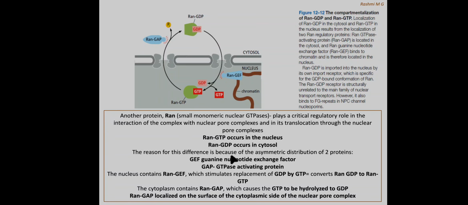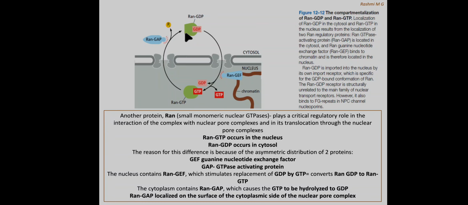The reason for this difference is the asymmetric distribution of two proteins, GEF, guanine nucleotide exchange factor, and GAP, GTPase activating protein. The nucleus contains RAN-GEF, which stimulates the replacement of GDP by GTP, which converts RAN GDP into RAN GTP. So RAN GDP comes inside the nucleus to become RAN GTP with the help of RAN GEF.